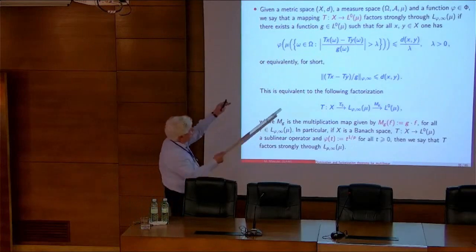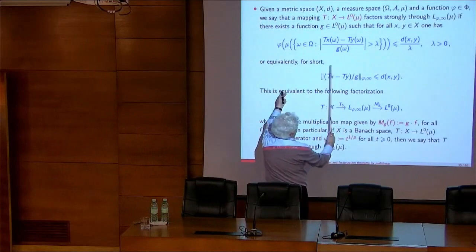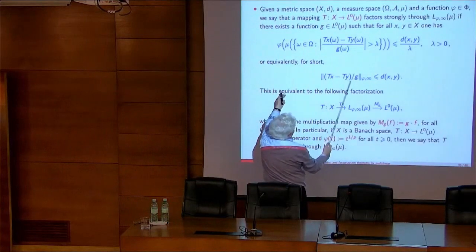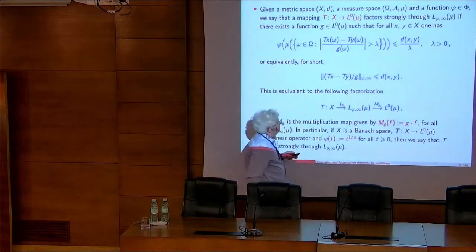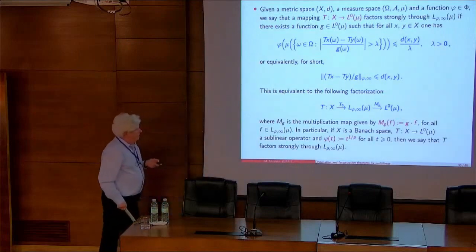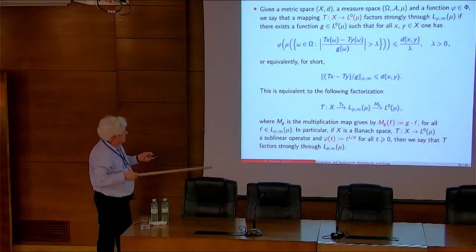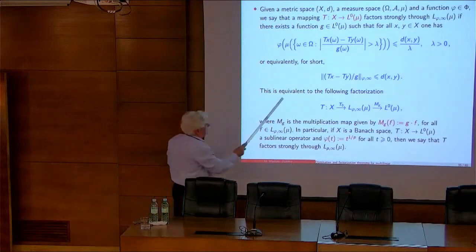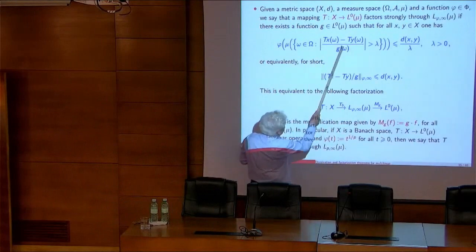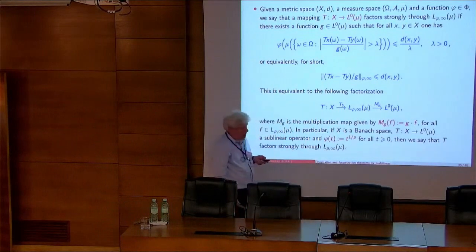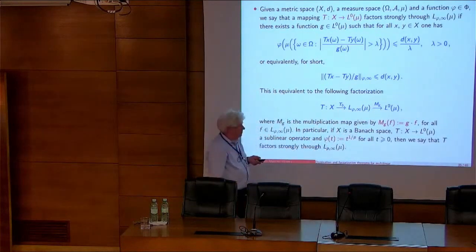If we read this inequality in terms of the quasi-norm, it looks like this, because if we multiply and take the supremum, we have this estimation. We could put a constant on the right-hand side, but this is not essential now. So this is equivalent to saying that our operator has the following factorization through the Marcinkiewicz space, and here is a multiplication operator.